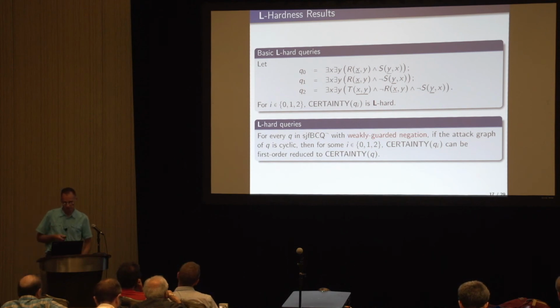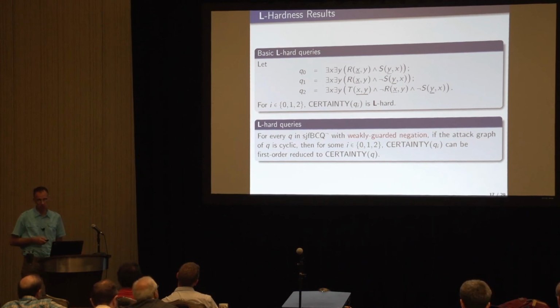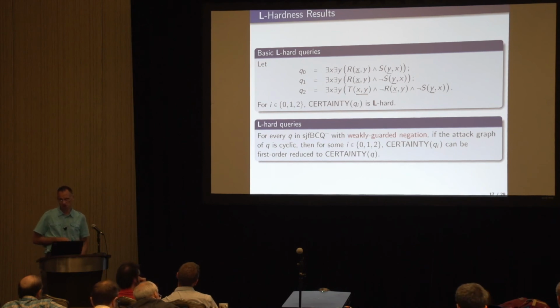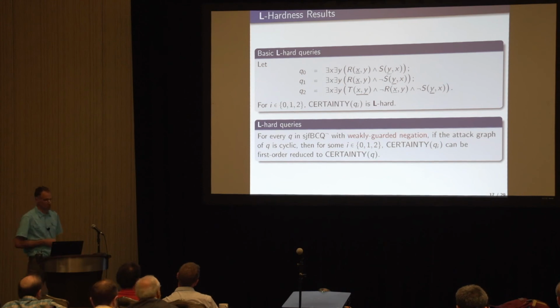So whenever we have an attack graph with a cycle, then we have a first order reduction from one of these three problems to the query that has a cyclic attack graph, showing that a cyclic attack graph means that the problem is L-hard and so not in FO. So in the remainder of the talk, I will focus more on the FO part.